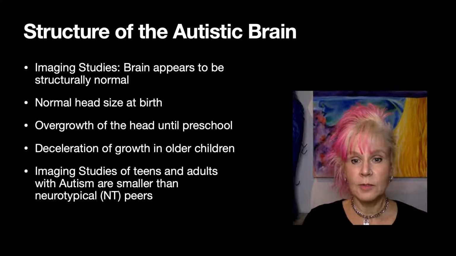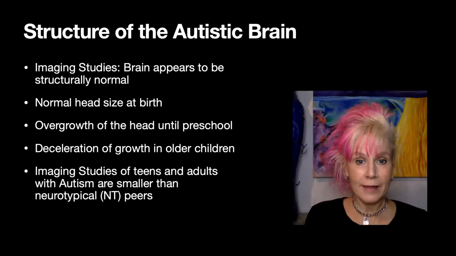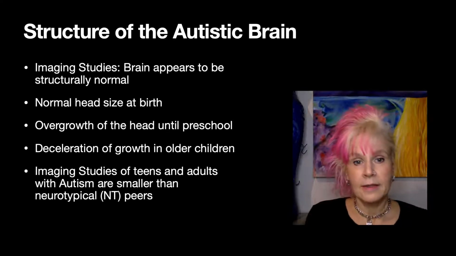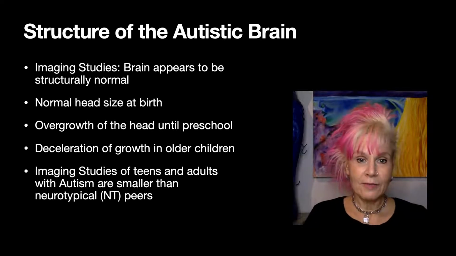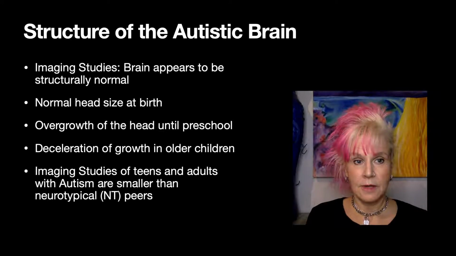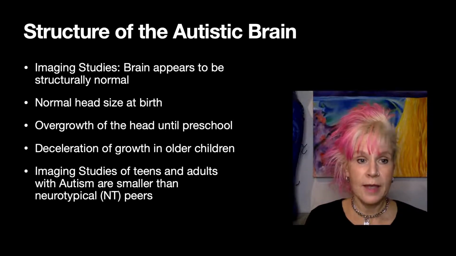So let's get a little bit more into the structure of the autistic brain. And when they've done imaging studies, the brain appears to be structurally normal. There's no pathology, there's no disease when they look at it. And the baby's heads are normal at birth. And then they actually have an overgrowth of their head until preschool. And then their brain and their head start to decelerate in growth as they get older.